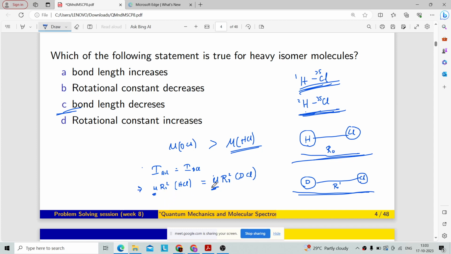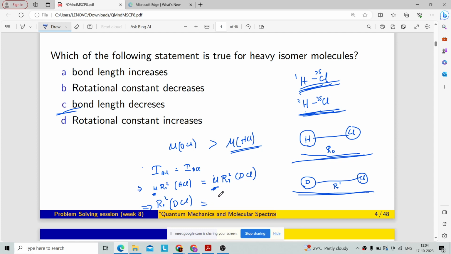Okay, so in that case, what will happen? R naught square for HCl, let's write in terms of DCl. You want to check whether the reduced mass is increasing or decreasing.